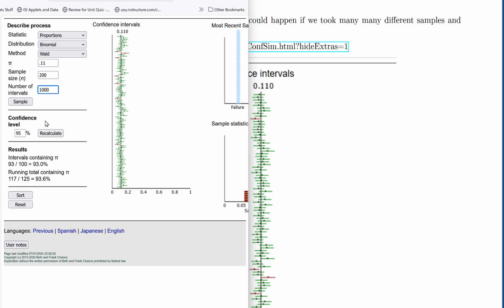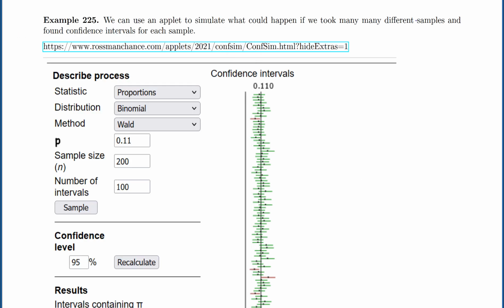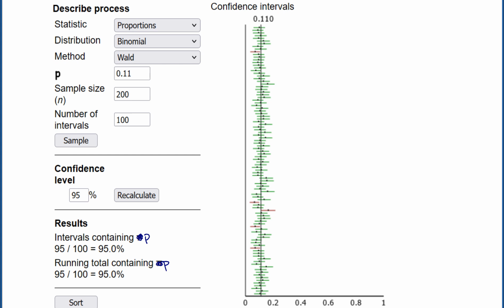And if I did this many, many more times, you'll see that about 95% of all of my possible intervals will contain my population proportion p. So each one of these little lines is a different confidence interval from a different sample. We can see that overall about 95% of all of the intervals will actually contain our population proportion of 0.11.